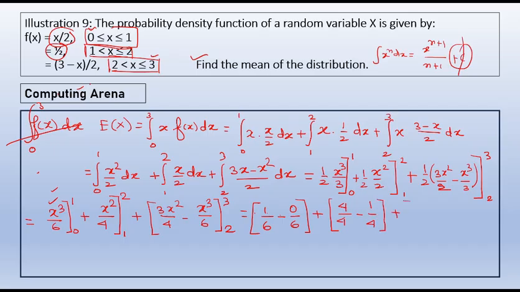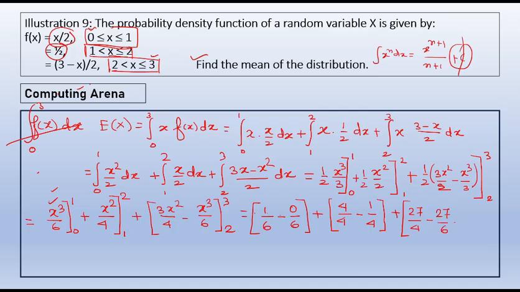Plus, now next part, when you put 3, you get 3 square is 9, 9 into 3 is 27, so 27 by 4, minus, and then you put 3 once again. So 3 cube is 27, 27 by 6.